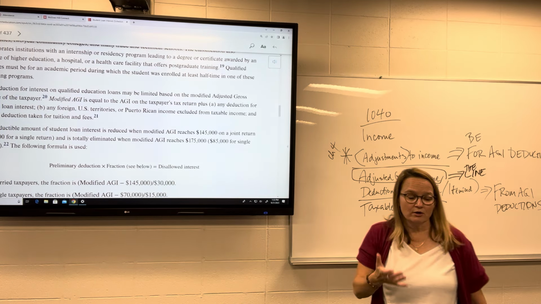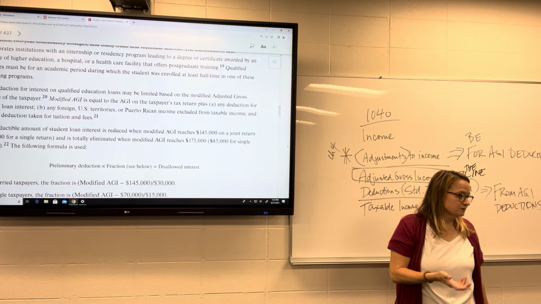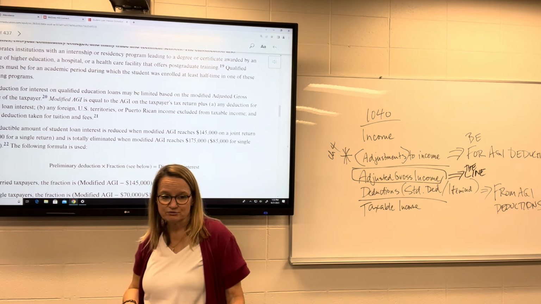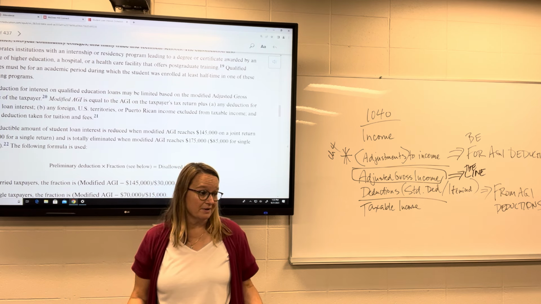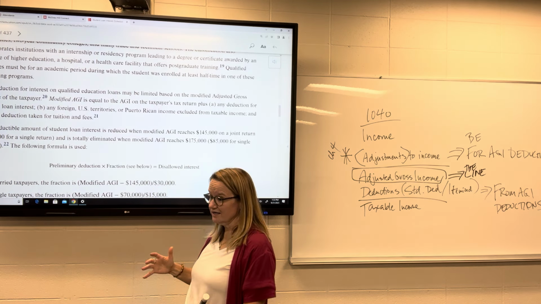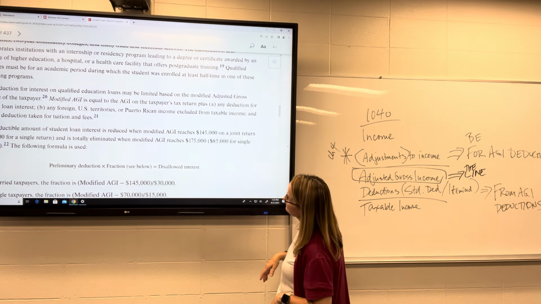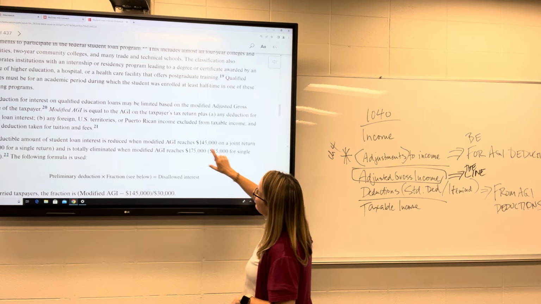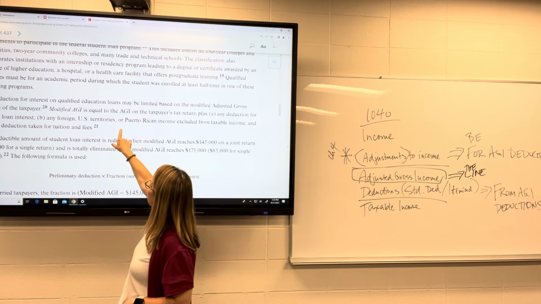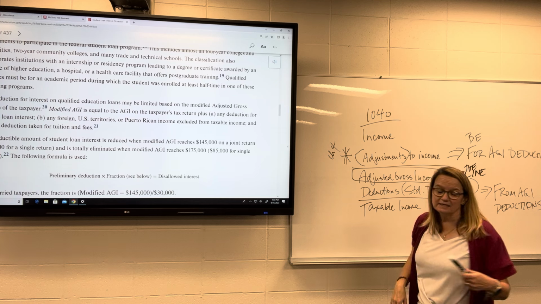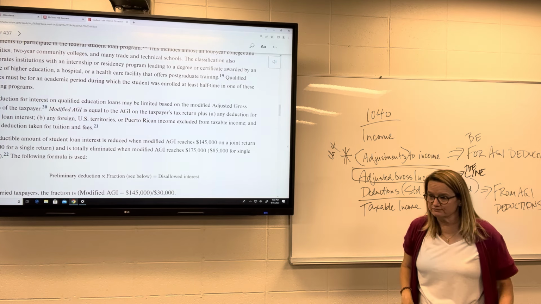So we also have a limitation with regard to modified adjusted gross income. Again, with modified adjusted gross income, we always start with adjusted gross income, and then we modify it by adding back certain amounts. In this case, our modified AGI starts with our AGI plus we add back any student loan interest that we may have taken.